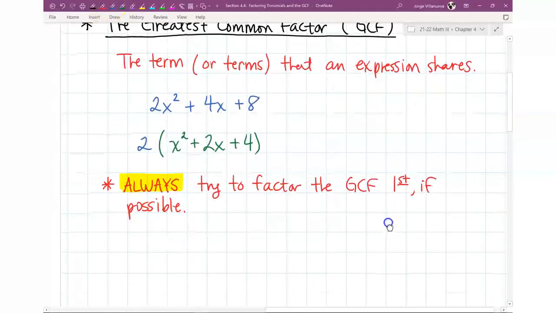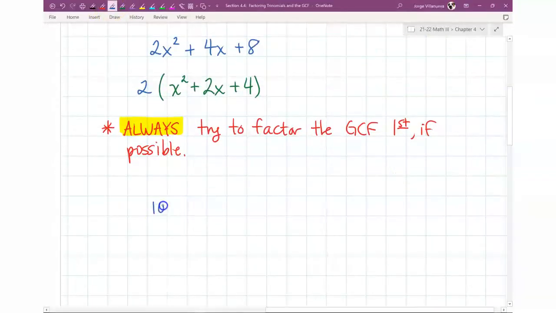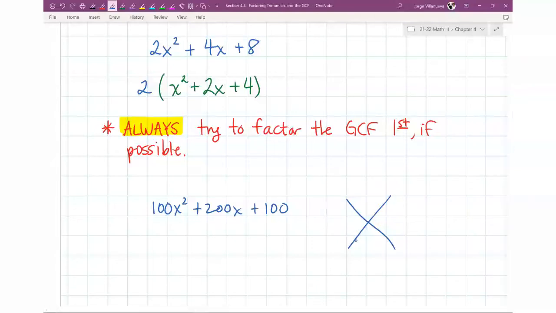But if I were to give you a problem that looked like this, 100x squared plus 200x plus 100, and I tell you factor it using the x method, okay? How many of you guys, just out of curiosity, know the x method? You guys remember the x method where you're supposed to go like that? Does that look familiar to anybody? Any show of hands?